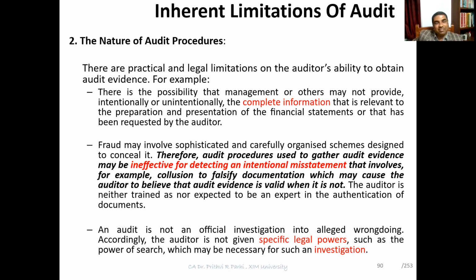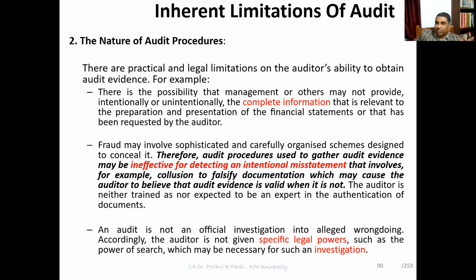The auditor can see that the particular item has been purchased, there is an entry in the stock register, there is an entry in the goods inward register, purchase bills are there, payments are made, approved by some other person. So in this situation, your normal audit procedure may fail to detect this kind of fraud. So this is again an example of inherent limitations of audit.